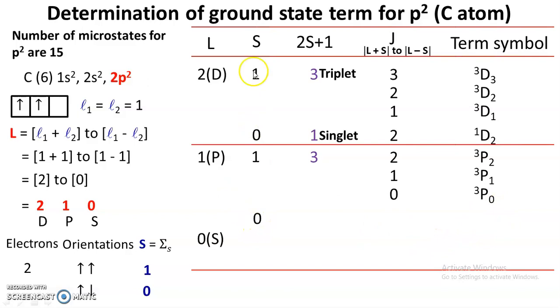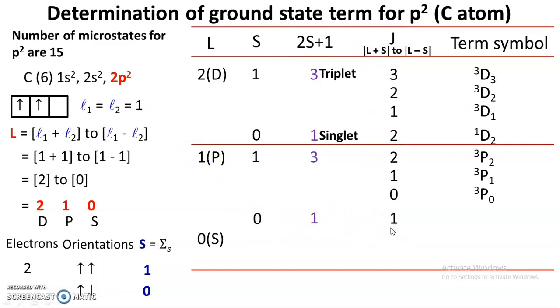Now again, S is equal to 0 coupled with L is equal to 1. Before that, the multiplicity when S is equal to 0 is 1, because 2 into 0 is 0, plus 1, that is 1. Multiplicity is 1. Now possible J values when S is equal to 0 and L is equal to 1: L plus S, that is 1 plus 0, that is 1, and 1 minus 0, that is also 1.